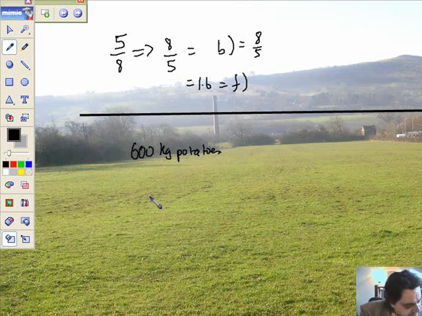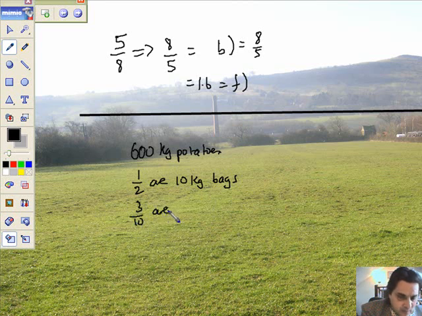Right, a half of the potatoes are sold in 10 kilogram bags. So half are 10 kg bags. Alright, got it. 3/10 of the potatoes are sold as 5 kilo bags.